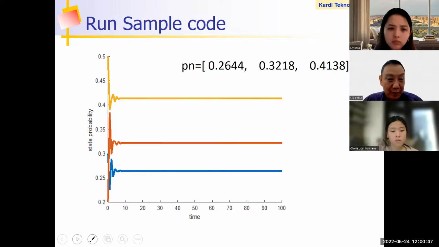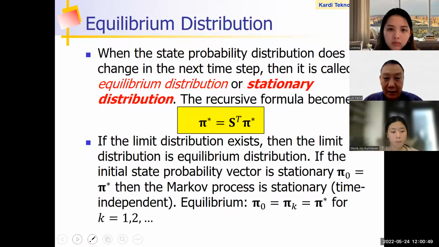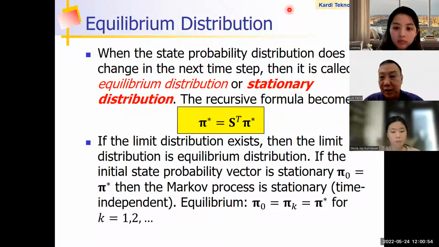So try that first, and we can stop for a while for the lunch break. I hope after the lunch break you can get these two codes finished.